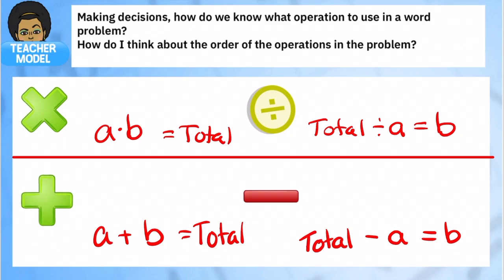So that's question one. The other question you can ask yourself about the numbers is, am I dealing with groups? If you have groups, you might have multiplication or division. We know that when we're multiplying, we're doing repeated addition.